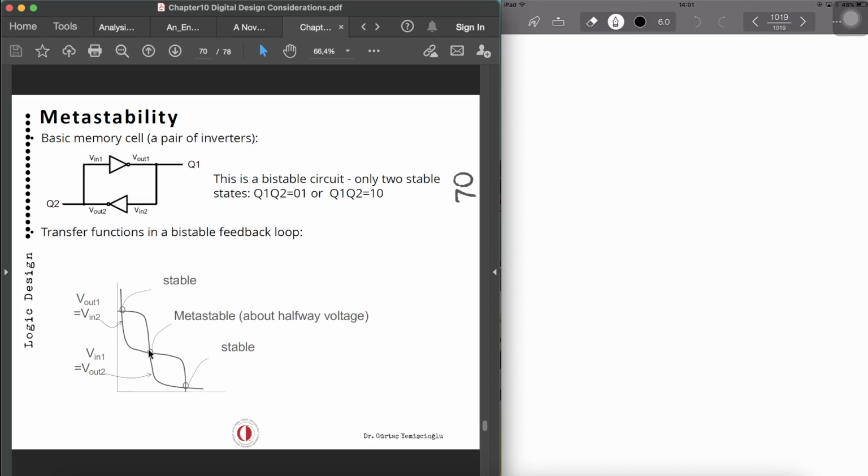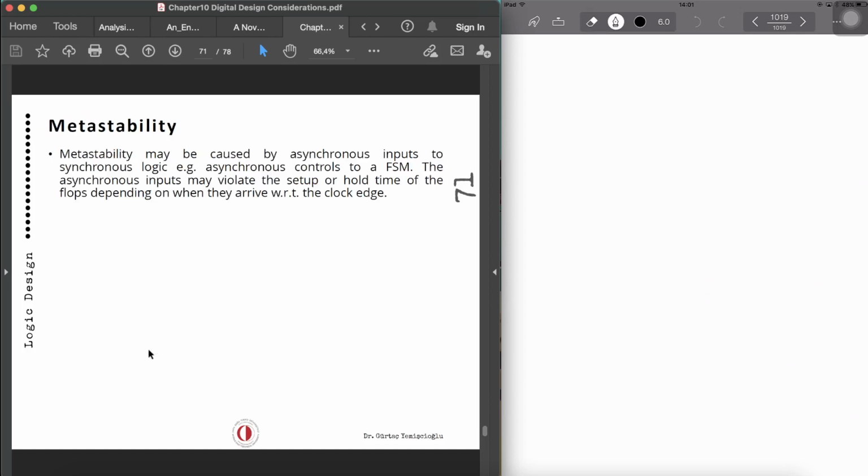And in the bistable function, it can occur when, for example, two asynchronous signals combine in such a way that their resulting output goes to an indeterminate state. It's possible to have that. We can say that metastability may be caused by asynchronous inputs to logic gates, or asynchronous controls to the FSM, because we don't know exactly what time they will arrive.